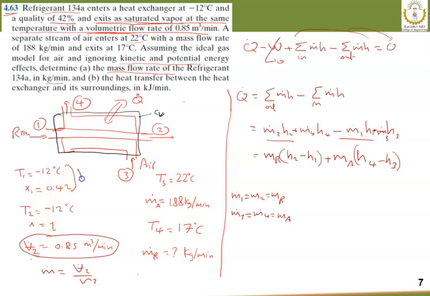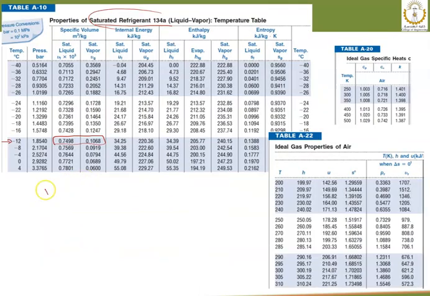But in state 1 we can get h1. So h1 equals 34.39 plus x, which is 0.42, times hfg, which is 205.77.